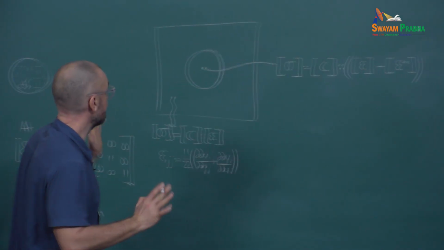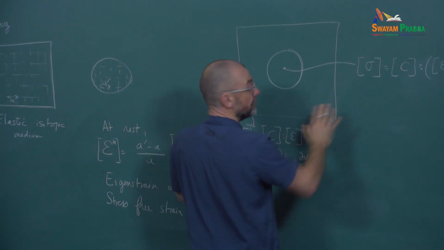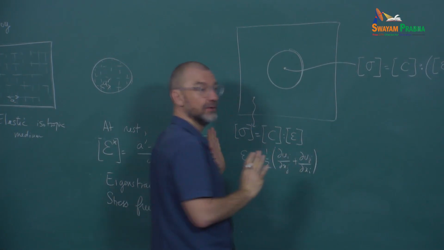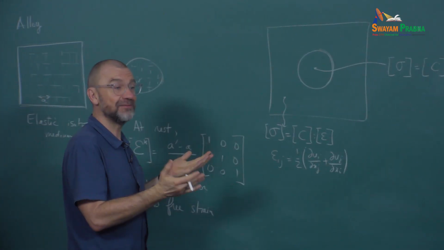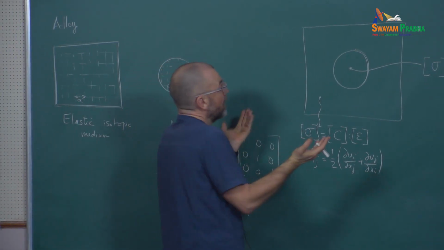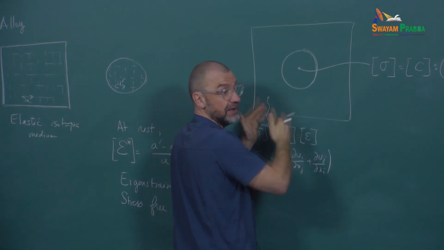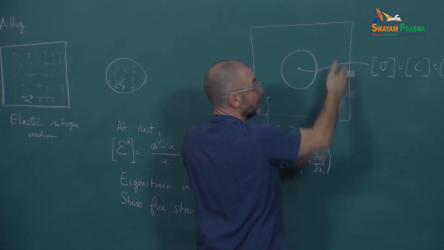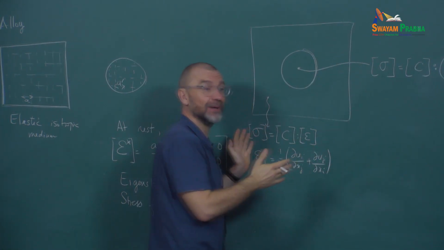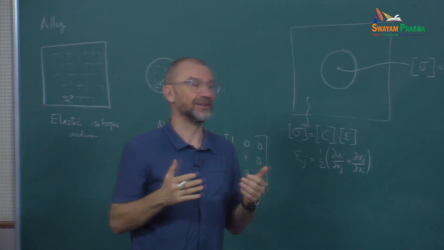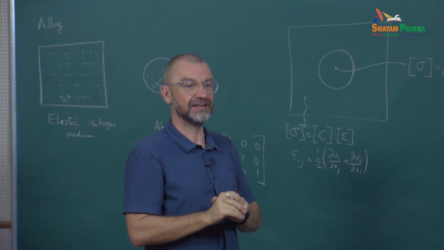How do I determine the stress at mechanical equilibrium? I don't necessarily need to apply forces on the outside for now. I can have a mechanical equilibrium with forces on the outside or without, with periodic boundary conditions or fixed boundary conditions. For now, we don't need to specify that.